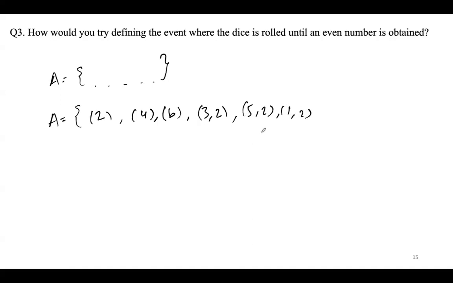And then also the other possibilities. So it's of the order, if you got an even number E, it's just E, or you got odd and E, so OE, or you got an odd number twice and then an E, so OOE. Like that, you can have something like a regular expression type of notation, because it will be very tedious to write each of these possible outcomes one by one. Okay.